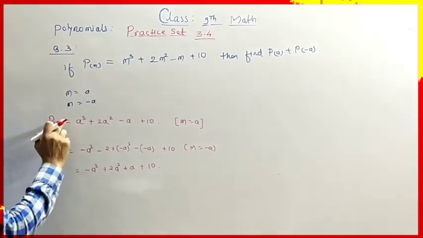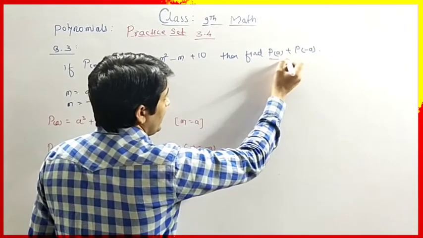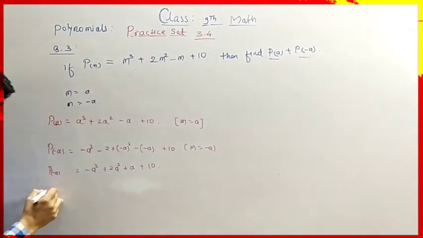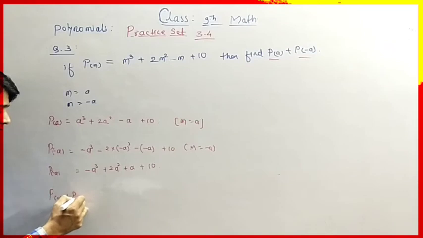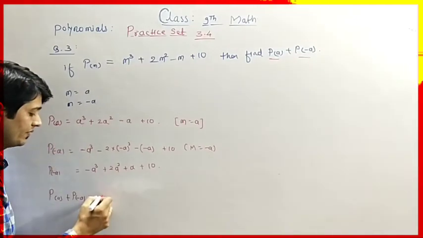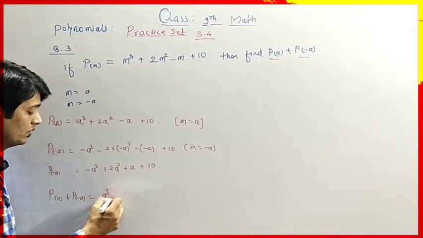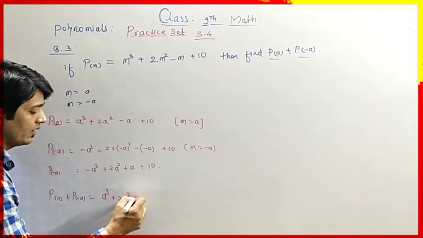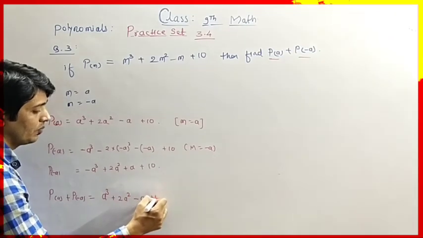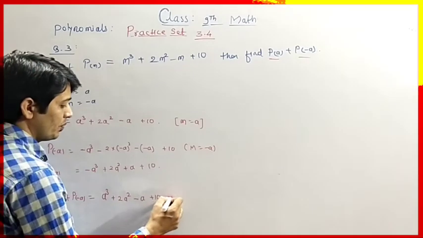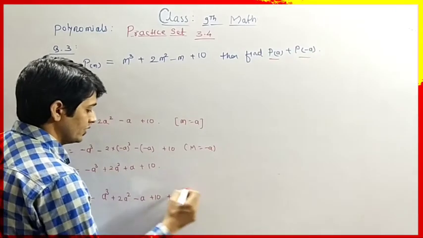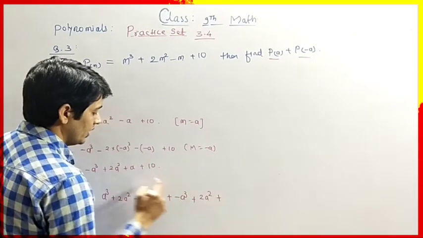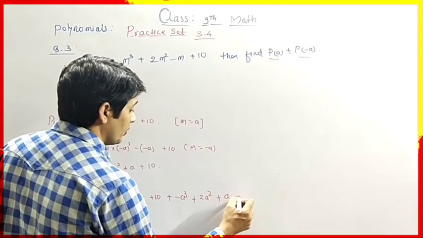Now we have to add, see, we have to add P(a) and P(-a). So now P(a) plus P(-a) equals, what is P(a)? P(a) is this one. So we have a cube plus 2a square minus a plus 10, plus, here we have minus a cube plus 2a square plus a plus 10.